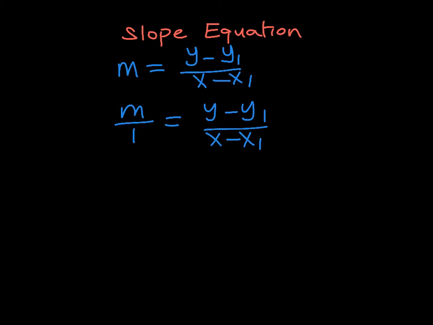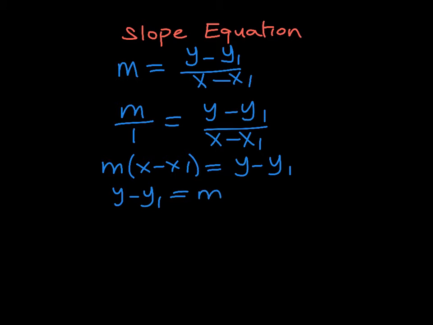If you cross multiply, what you have is m into x minus x1 equal to y minus y1. Let's rearrange and bring y minus y1 to the left and m into x minus x1 to the right. So y minus y1 is equal to m into x minus x1.